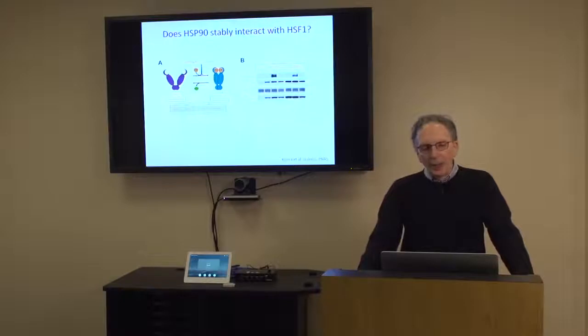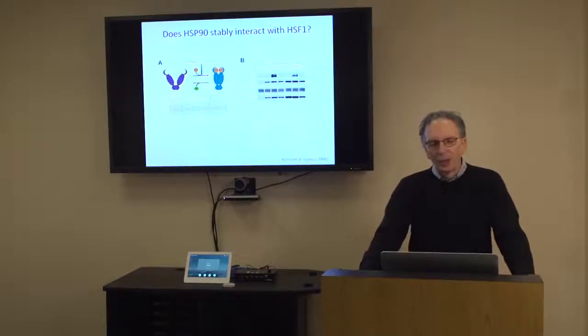And what we found, as many others have found, is that wild-type HSP90 is not able to be detected associating with HSF1 without cross-linking. However, the closed mutant D47A of HSP90 alpha readily associates with HSF1 in immunoprecipitation assays.